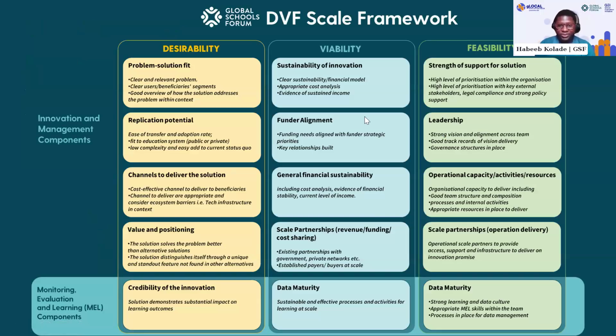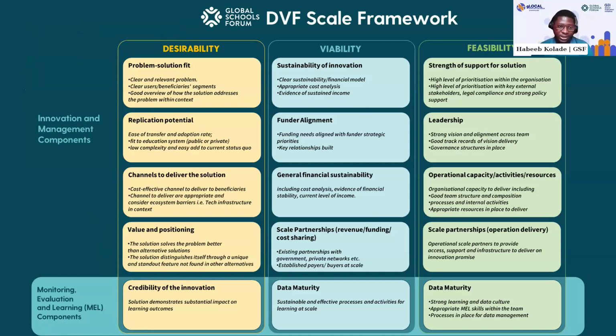So talking about the adaptation of the DVF, the way it was previously set up catered to a wider range of solutions across the world. But for us to clearly support organizations in our network, we broke this into 2 sections.